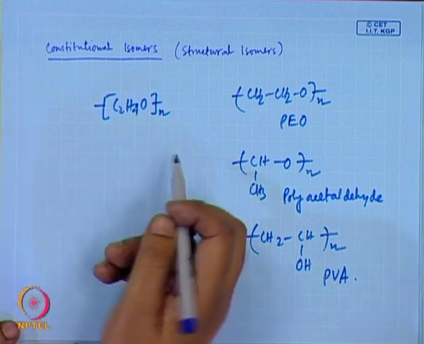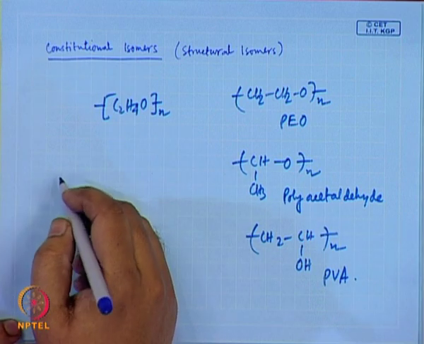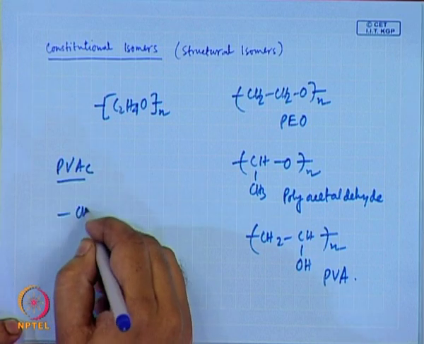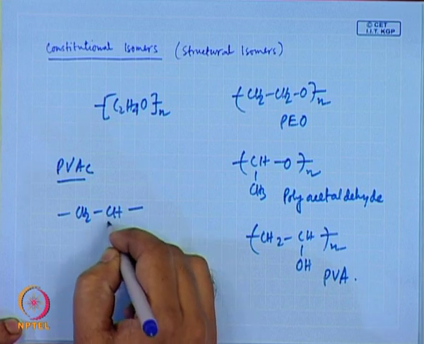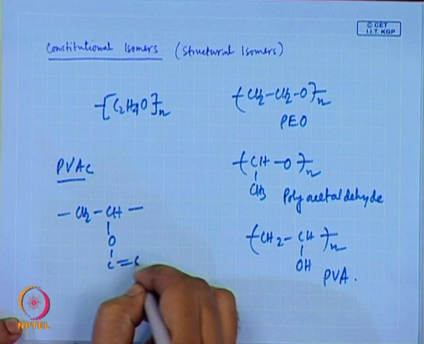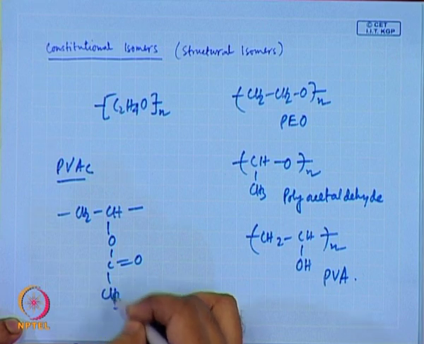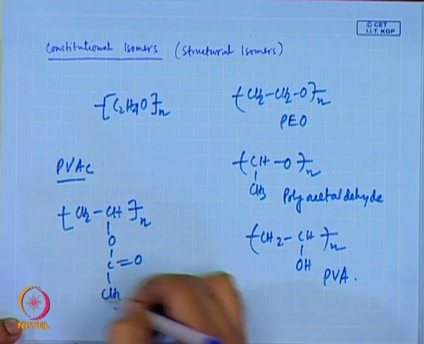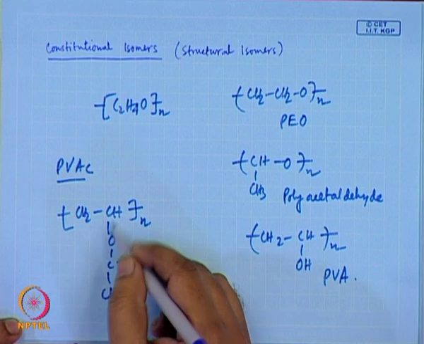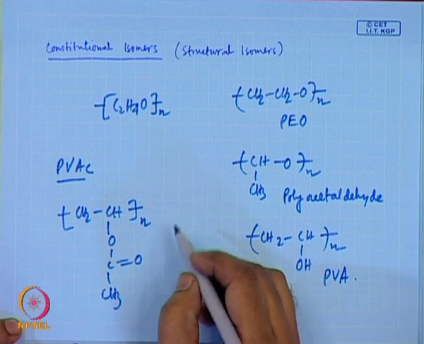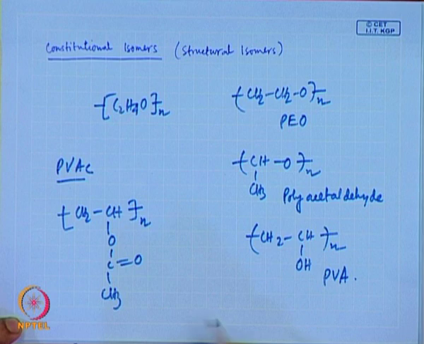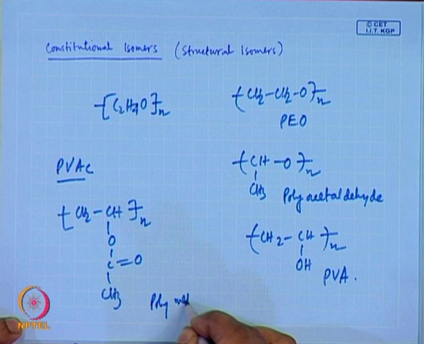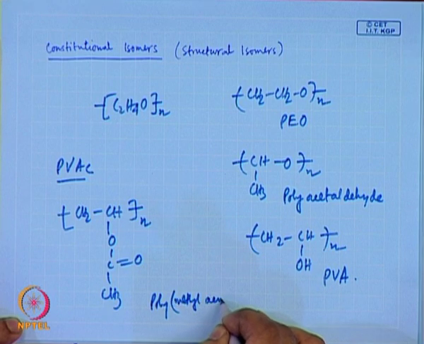Similarly, we can write other structural or constitutional isomers, like polyvinyl acetate, which has this structure. This is the structure of polyvinyl acetate. Now, think of polymethyl acrylate.